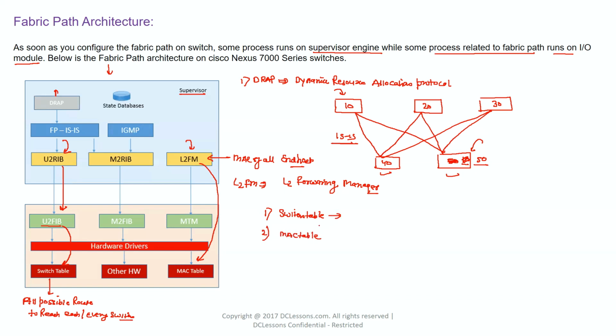So the switch table has all routes to reach each switch ID, right? The MAC table has all MAC address entries of end points.